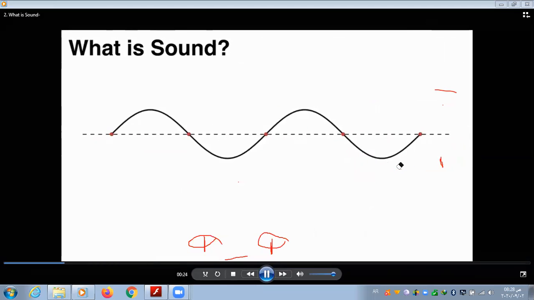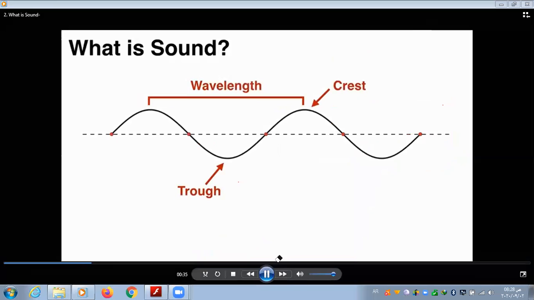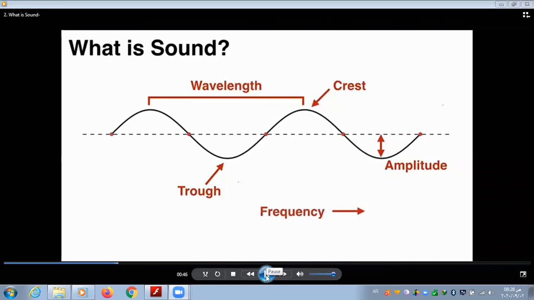These waves are visible with our eyes and have a number of properties. They have a maximum point called a crest and a minimum point called a trough. They have a wavelength, which is the distance from a particular crest to the next one. They have an amplitude, which is the distance from the center line to the top of a crest or to the bottom of a trough. They have a frequency, which is the number of waves that pass a fixed point per second.